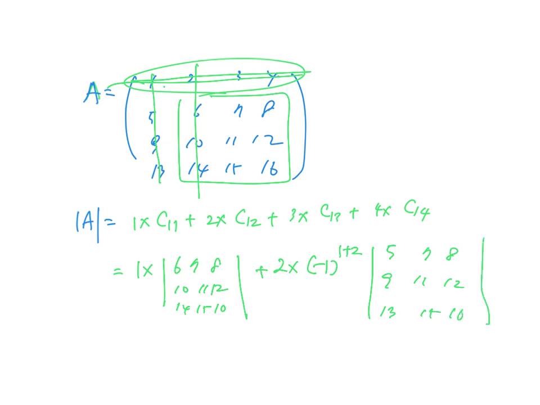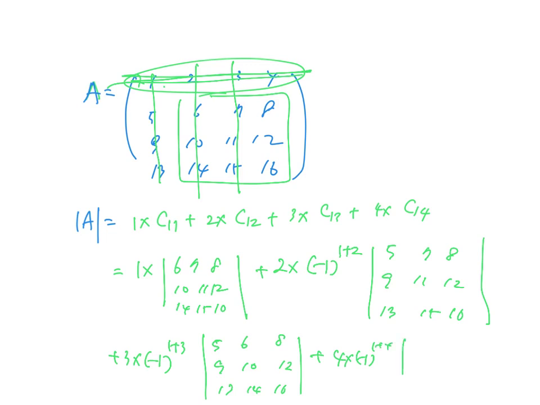And 3 times minus 1 to the 1 plus 3. You delete the first row, third column. So 5, 6, 8, 9, 10, 12, 13, 14, 16. Plus 4 times minus 1 to the 1 plus 4. You delete the first row, fourth column. 5, 6, 7, 9, 10, 11, 13, 14, 15.